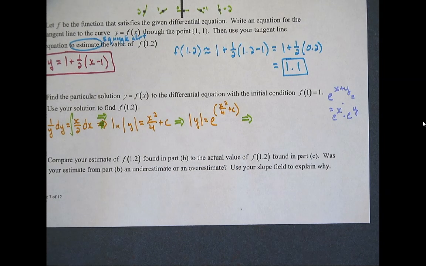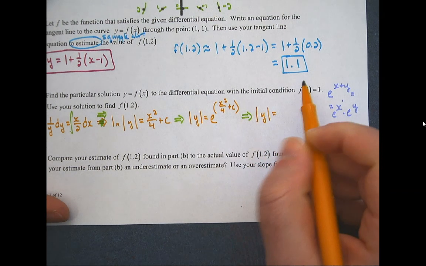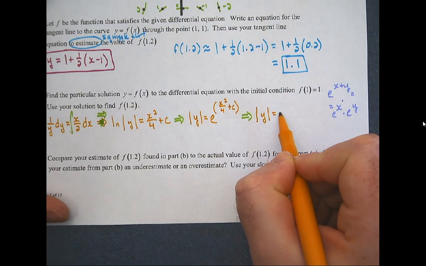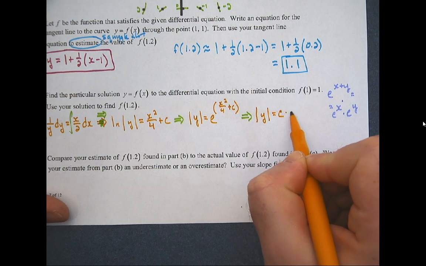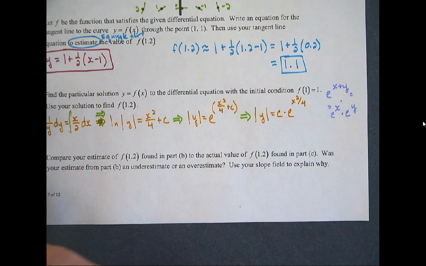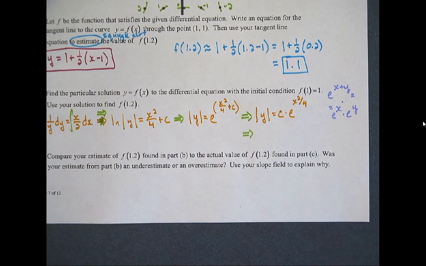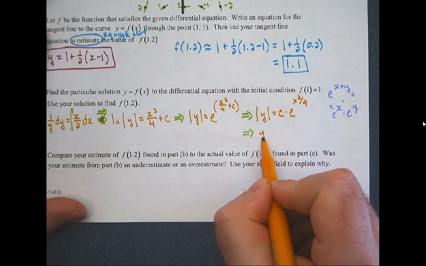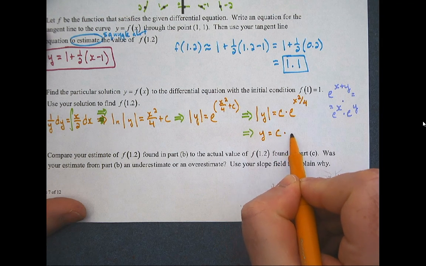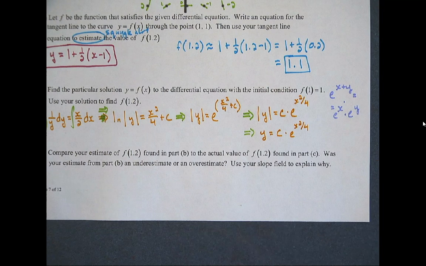Well, c is some constant. E to the c is some other constant. So now we don't need to worry about that. So absolute y is equal to, I'm just going to write it as c times e to the x squared over 4. And now when I do the plus or minus, the plus or minus gets absorbed into the constant, which we don't know what it is anyway. So y equals c e to the x squared over 4. This is what we call the general solution.